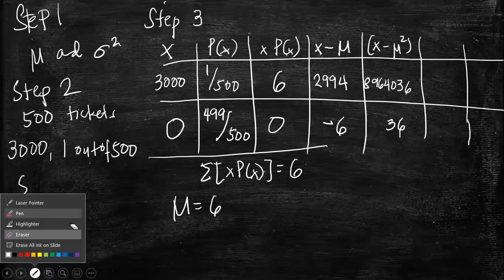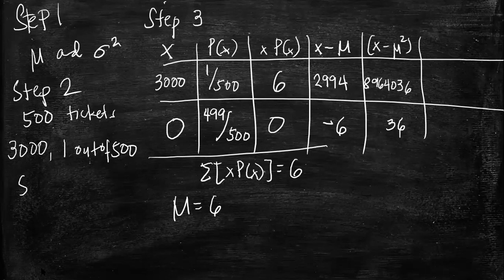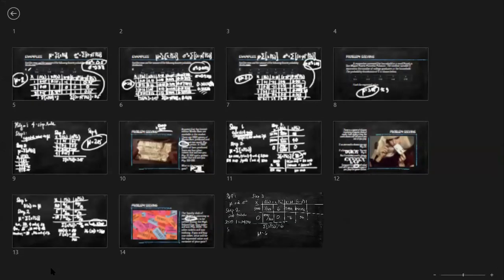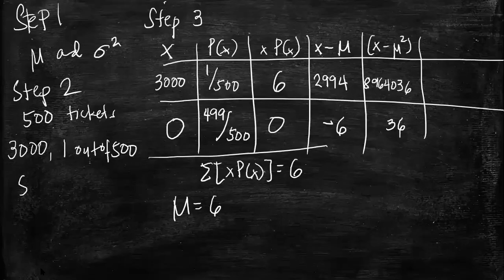And then, i-multiply natin yung probability. So, ano yung probability natin? Yun nga, yung 1 over 500. So, we have x minus mu squared times p of x. So, 8,964,036 times 1 over 500. So, ilan yun?